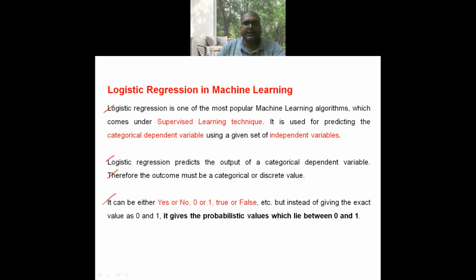The logistic regression algorithm will be applied in the situation where we get the output like yes or no, 0 or 1, true or false. Here it gives the probabilistic values which lie between 0 and 1.